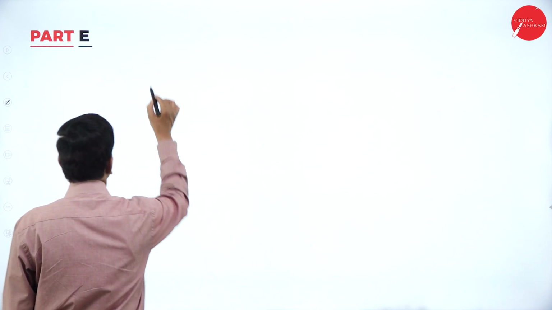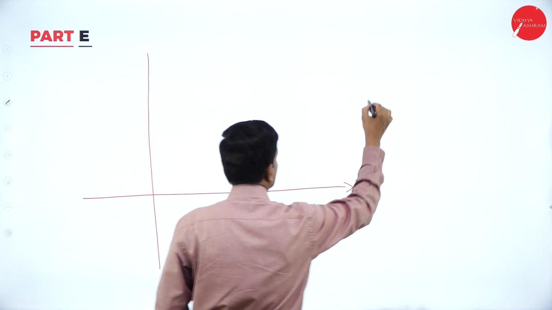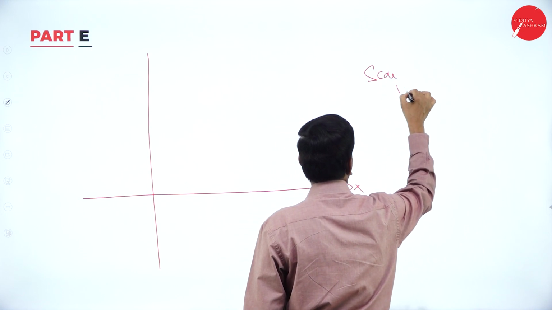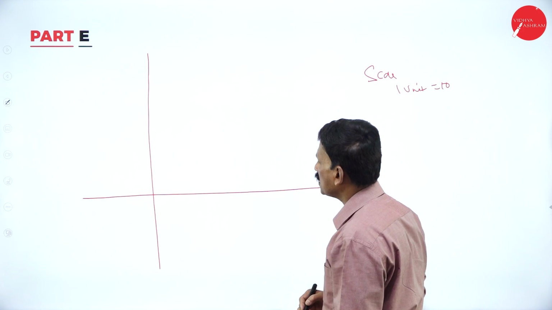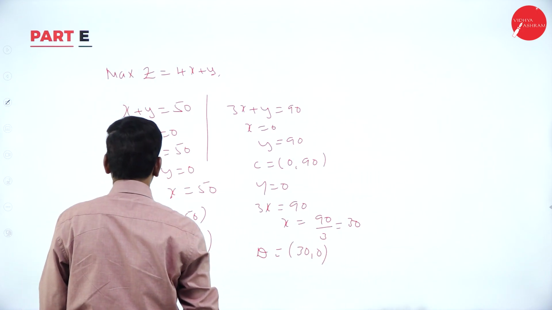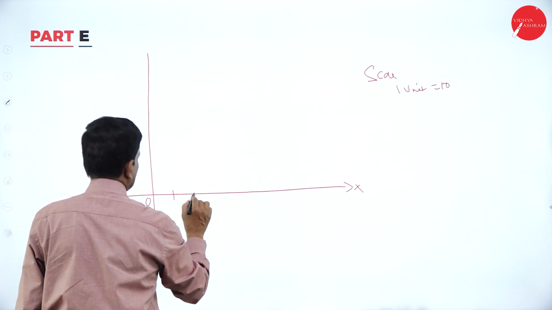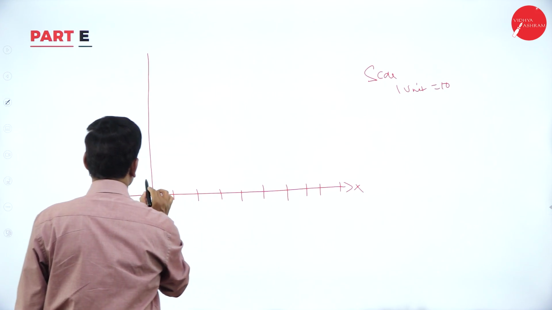This is a graph. Scale: 1 unit is equal to 10, you can take 1 centimeter equal to 10 units. Here this is 0. Now you can take 10, 20, 30, 40, 50, 60, 70, 80, 90.